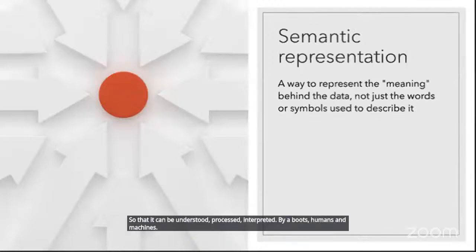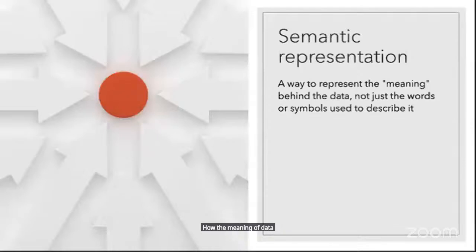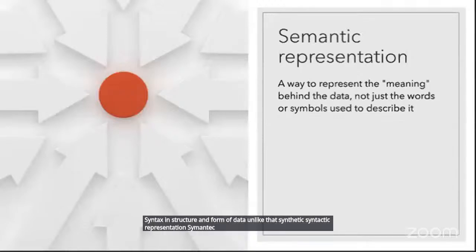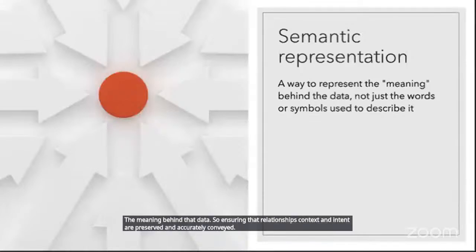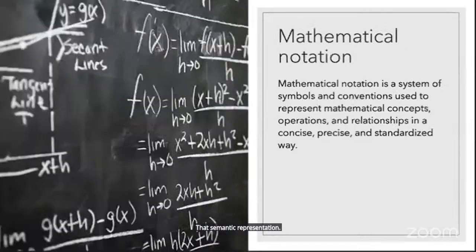Unlike syntactic representation, which focuses on the structure and form of data, semantic deals with the meaning behind that data, ensuring that the relationships, context, and intent are preserved and accurately conveyed. That's semantic representation.